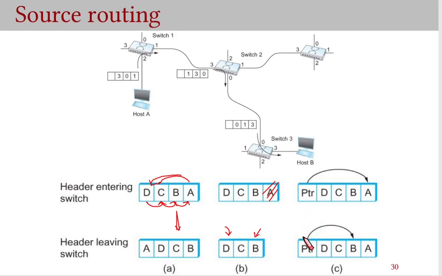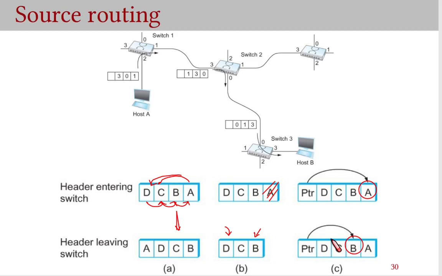And here is yet another implementation where we have a pointer that always points to the entry that the switch is going to look at. So at the time that this packet is arriving at the switch, suppose this is pointing to this entry A. Now once this is leaving the switch, this pointer is going to be manipulated such that it now points to the second entry.